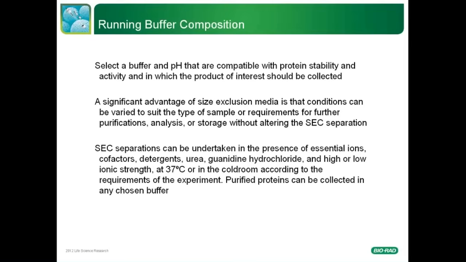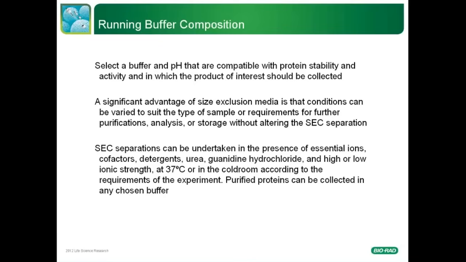Running buffer composition. For your running buffer, you should select a buffer and a pH that are compatible with protein stability and activity, and in which the product of interest should be collected. A significant advantage of size exclusion media is that the conditions can be varied to suit the type of sample or requirements for further purification, analysis, or storage without altering the SEC separation.